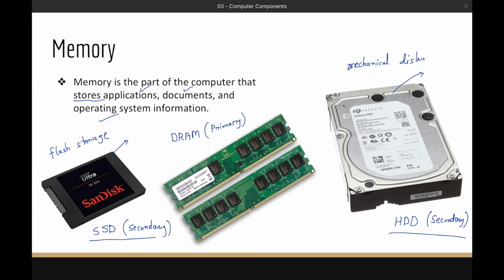Also, SSDs are typically much faster, as they do not involve any disks. The way a hard disk drive writes data is by literally spinning a magnetic disk. Okay, so looks like I wrote mechanical here, it should have been magnetic. Anyways, in the case of an SSD, there are no moving components.